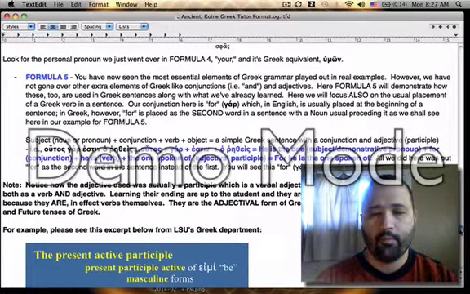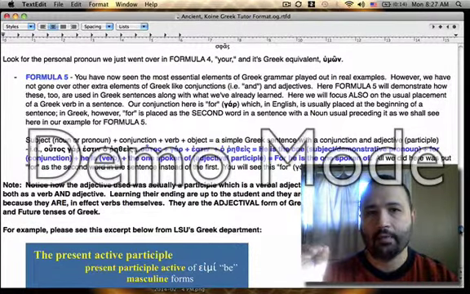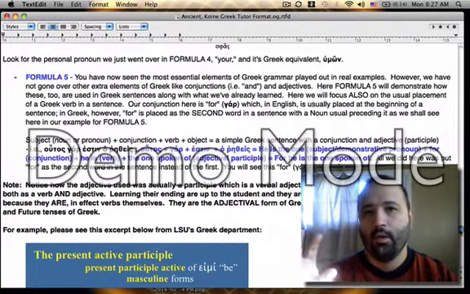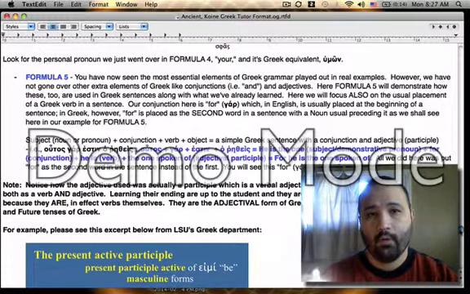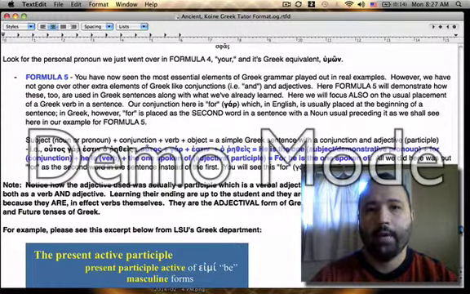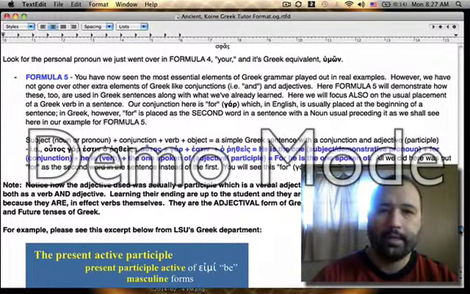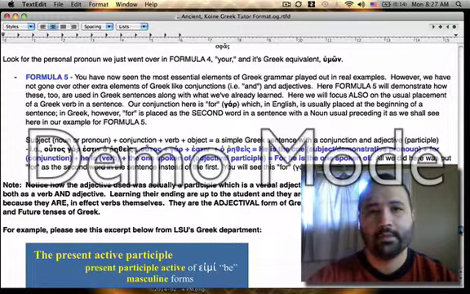As the formulas go from 1 to 2 to 3 to 4, the student is learning how to put more grammatical material in each subsequent formula, so as to come to a point where he or she can put together a pretty complex Greek sentence with all the necessary grammatical elements.